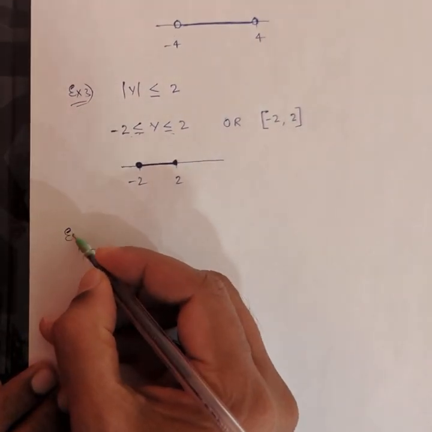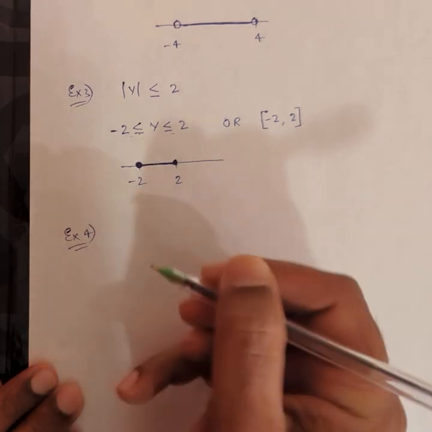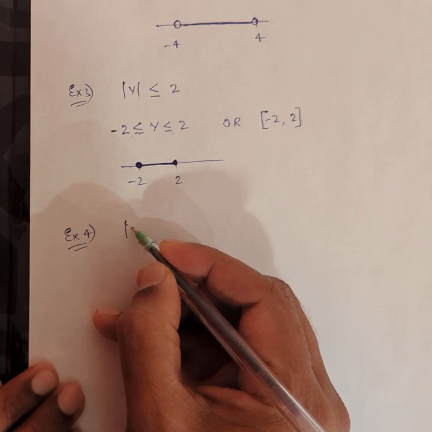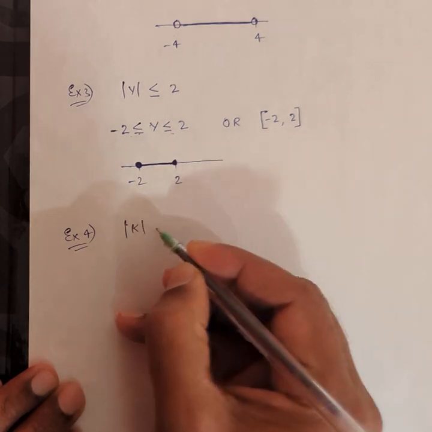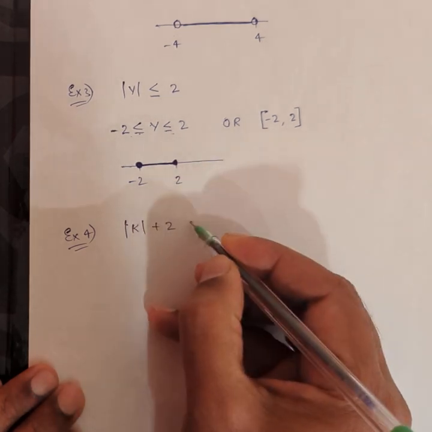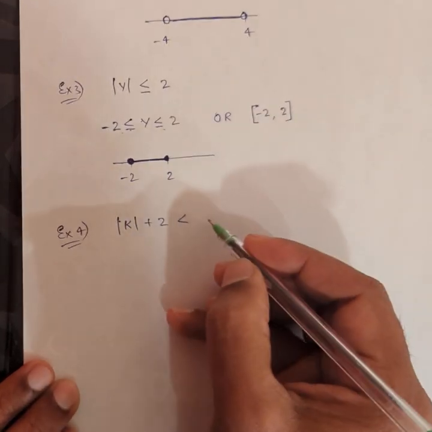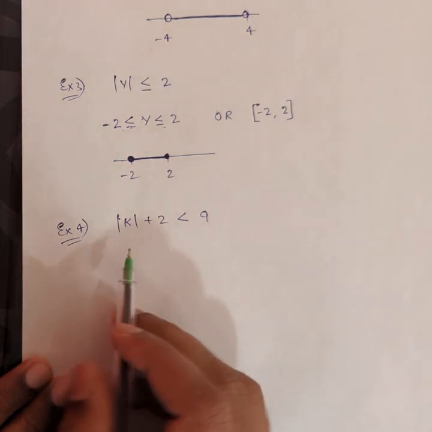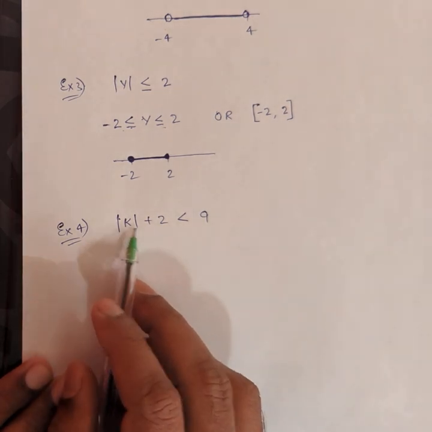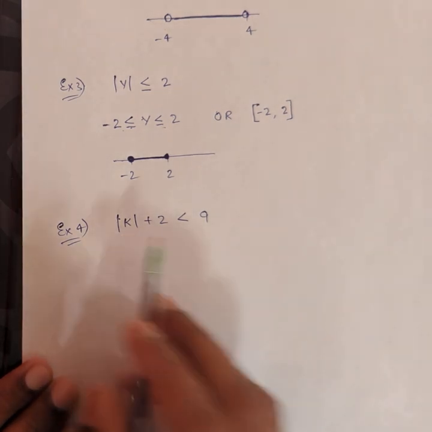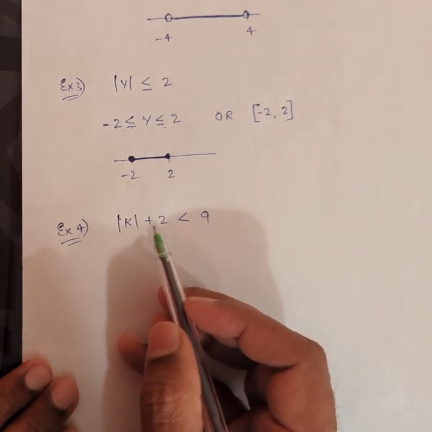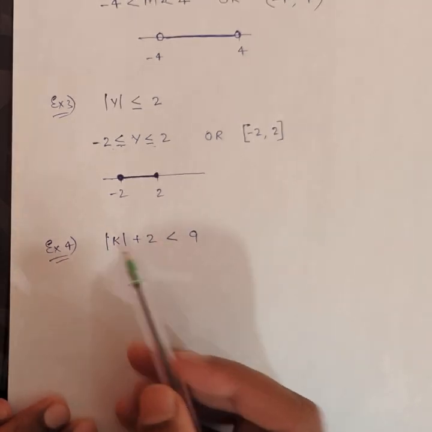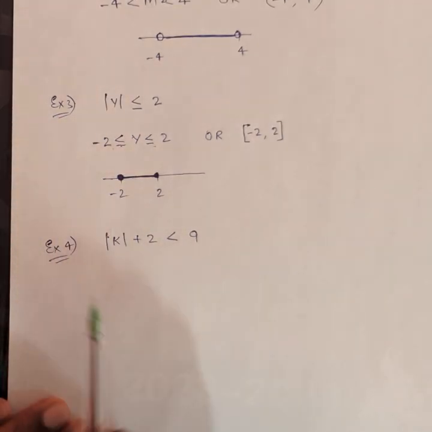Now, if I don't have something like that, but let's say I have absolute value of, let's use k this time, plus 2 is less than 9. Now, before I write down the solution for k, I need to get rid of the plus 2. So that's the difference between this problem and the earlier problems.